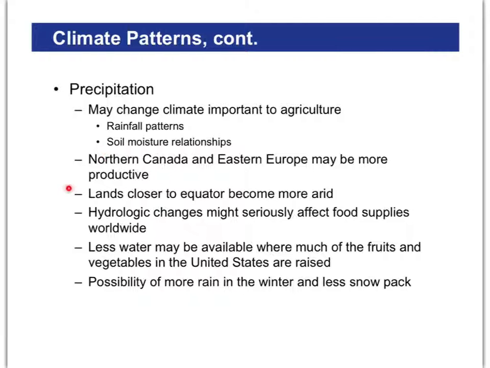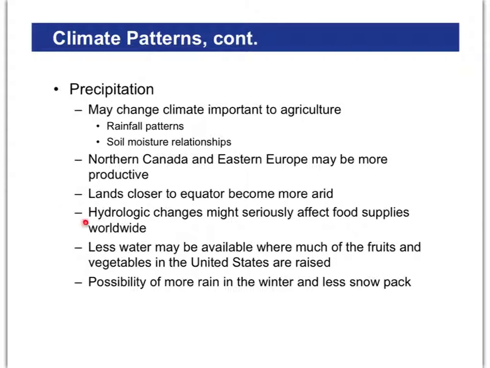But places closer to the equator are going to become more arid, more dry, because, of course, that's warmer, and so it's going to be harder for precipitation to fall.